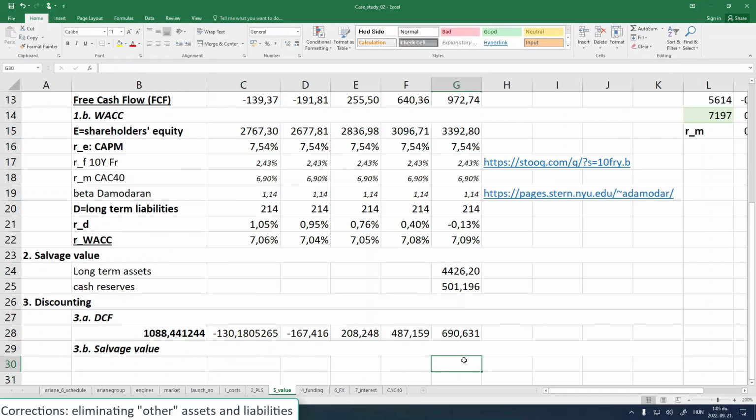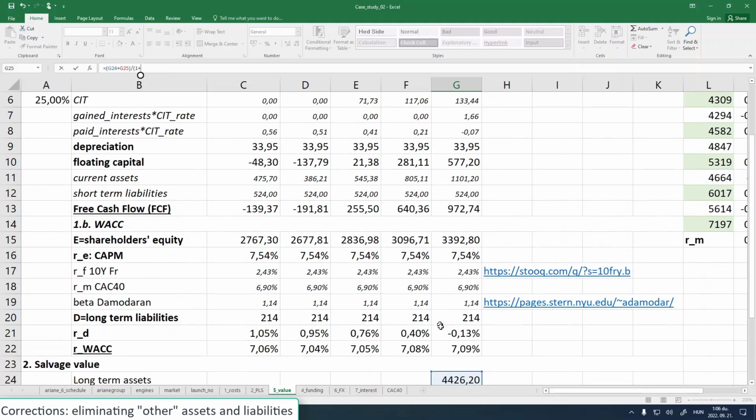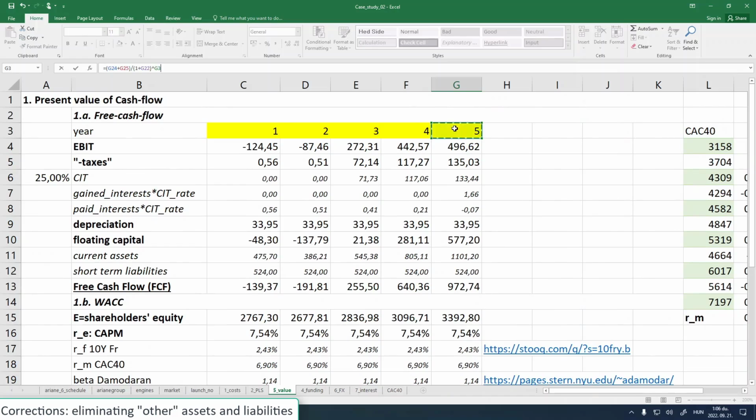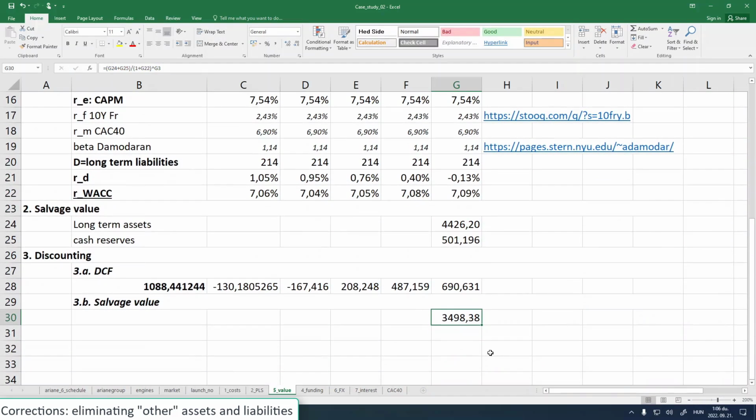Here we only have data here, so this number plus this divided by 1 plus the WACC on the power of 5. So if we are selling all the assets 5 years later, this will be the present value.